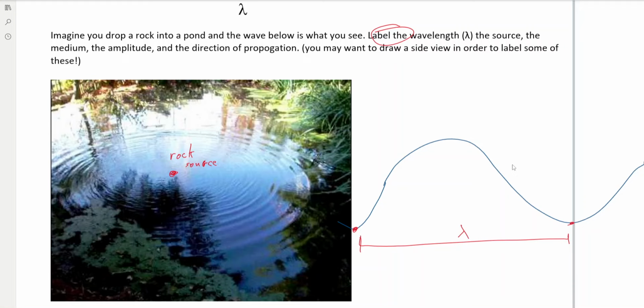The medium is the water. Okay, the amplitude is the height of the wave from the center line. So this is the amplitude. Okay, and the direction of propagation is out, away from the source.